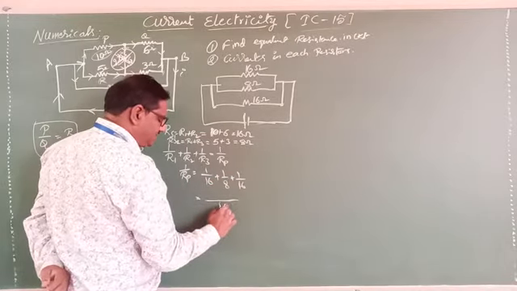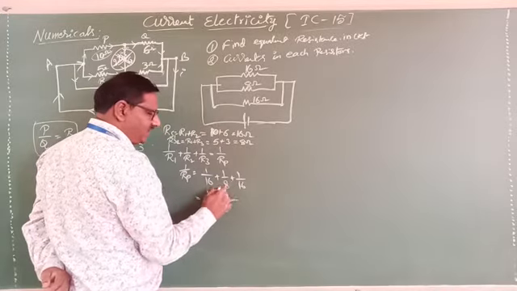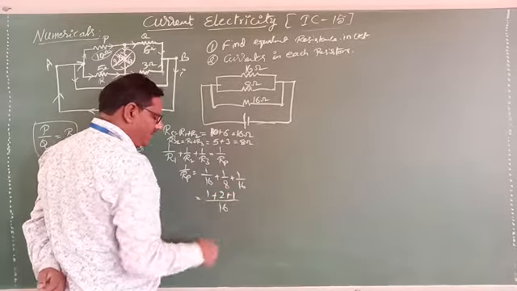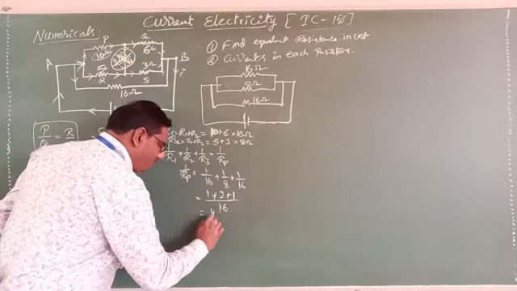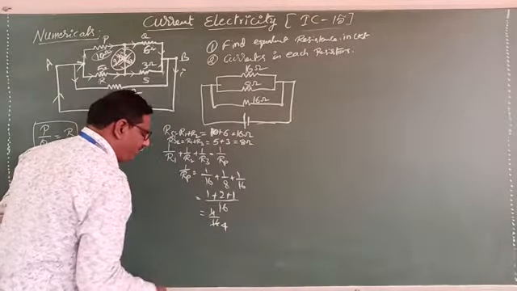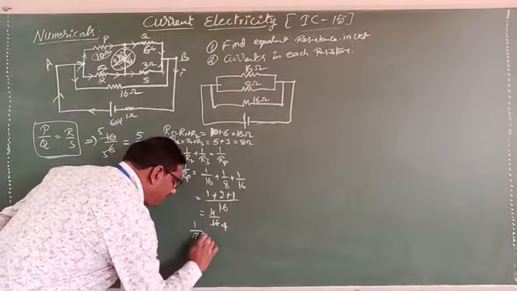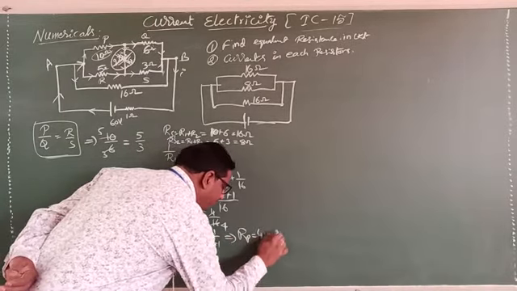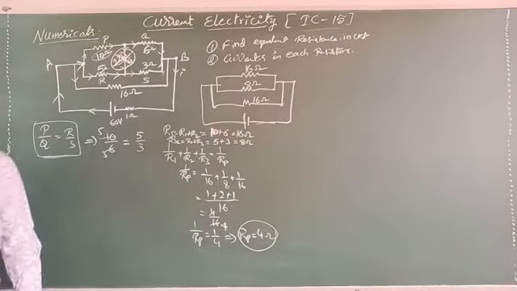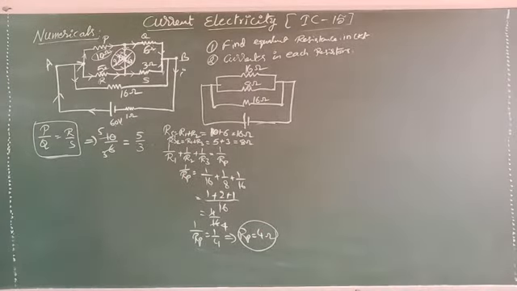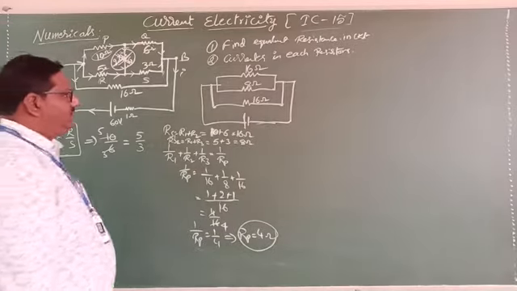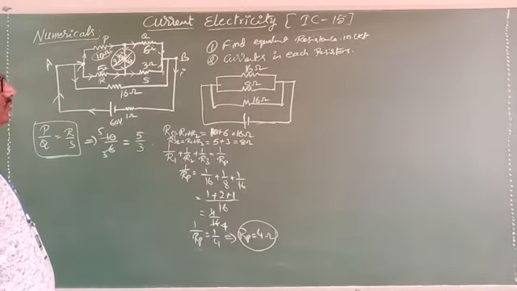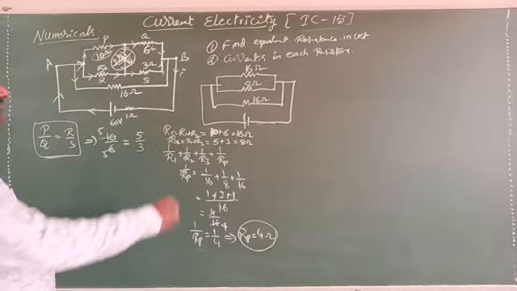So the total LCM 16. 1 plus here 2 times, so 2, plus 1. So totally 4 by 16. So it is nothing but 1 by 4. So 1 by Rp equals 1 by 4. From this one, Rp equals 4 ohms. The total effective resistance in the circuit, how much is it? 4 ohms. Now if it is 4 ohms, then we measure the effective resistance. First point over.